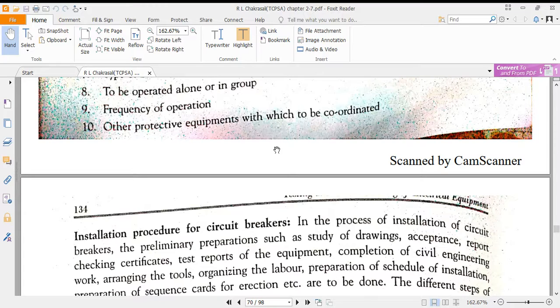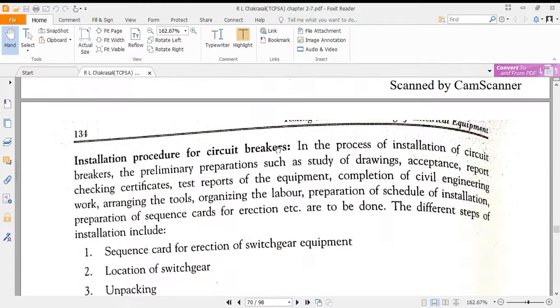After opening, how many seconds it has to wait and again make the circuit. So it is the frequency of operation and other protective equipment which are to be coordinated with this particular circuit breaker. These are the things we consider while selecting the circuit breaker.